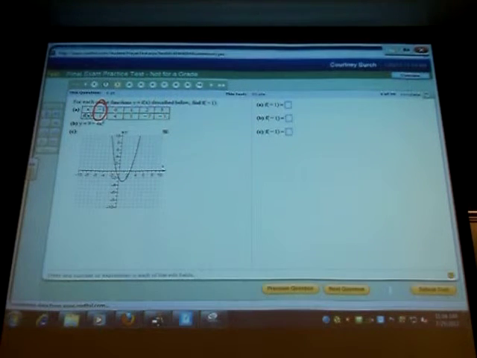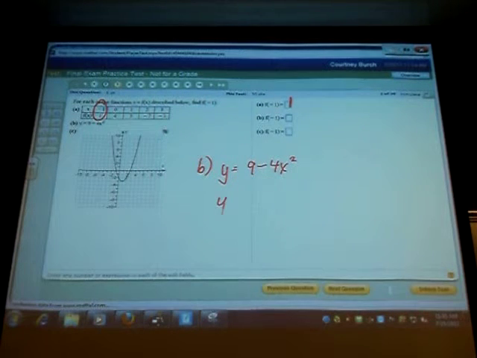Okay, so from the table, f of negative 1 is equal to positive 1. On the equation, part B, I use my equation, which is y equals 9 minus 4x squared. To find f of negative 1, I plug in x is negative 1.